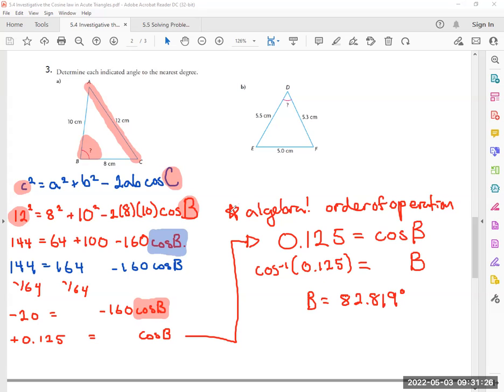So yes, a few more steps than when you had SAS, but you'll see this again and again. Watch this one more time and then we'll try B together. I'm going to take my time and let you try. So whatever you wrote down for example 3A, see if you can reproduce it for 3B.